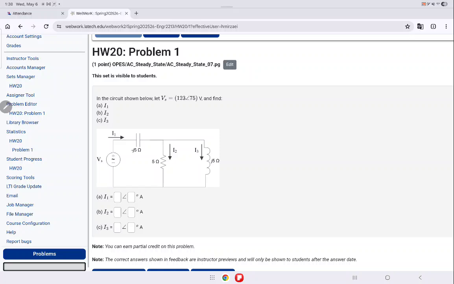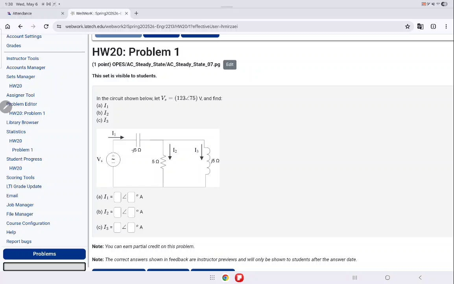How do you find I1? Combine all the impedances, you get one whole impedance, right? And then divide Vs by that impedance, it will give you I1. What is the dumb way of doing this problem on exam? Mesh analysis.